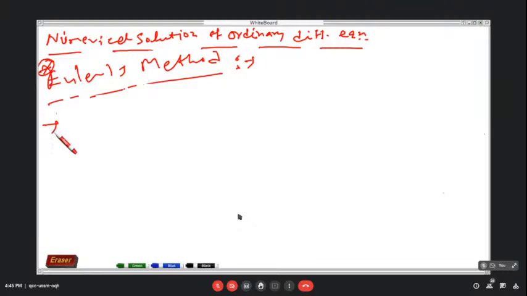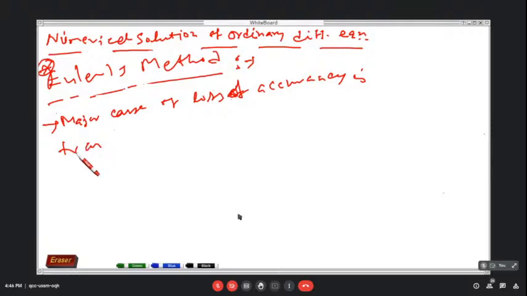So in this method, the major cause of loss of accuracy is truncation error, because we are truncating the Taylor series, right?